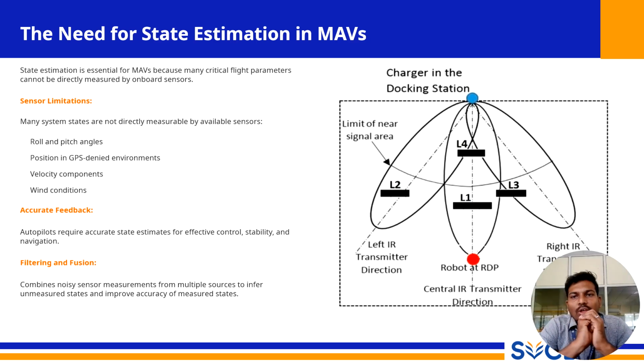A control system is only as good as the information it acts upon. If the autopilot has inaccurate beliefs about its own altitude or position, its commands to the motors will be wrong, which can lead to unstable flight or complete failure to navigate to its destination.